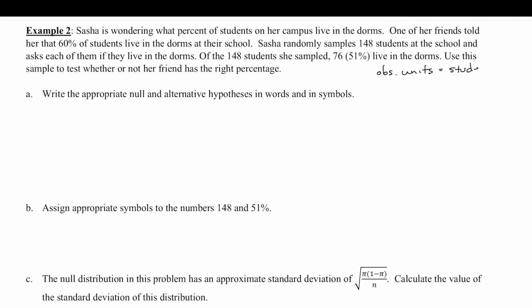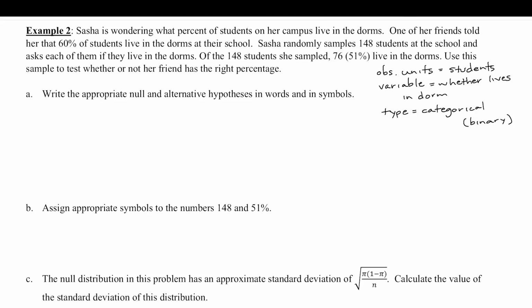In this case, it would be the students that were sampled and surveyed. And the variable, what was recorded on each student, is whether or not that student lives in the dorm. And then that is a categorical and, in fact, binary variable. They either live in the dorm or they don't.